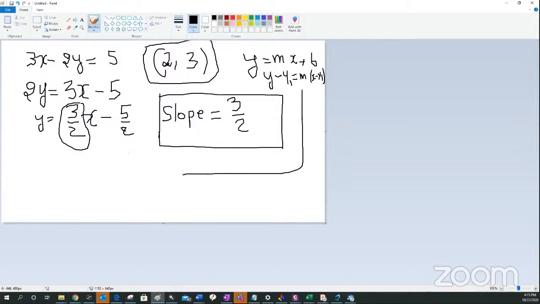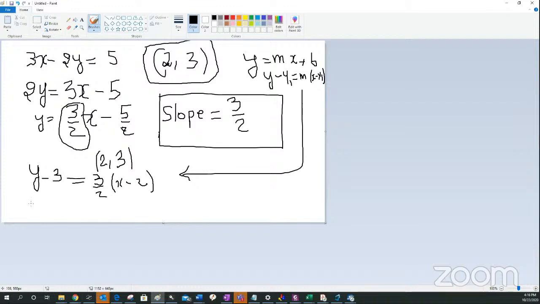We're going to apply that formula here. Our point is (2, 3), so it's y minus 3, using the slope of the equation of the line, is equal to 3 over 2 times x minus 2.